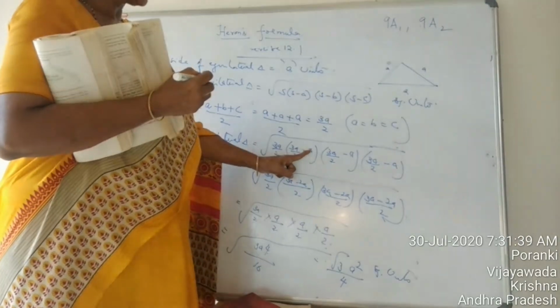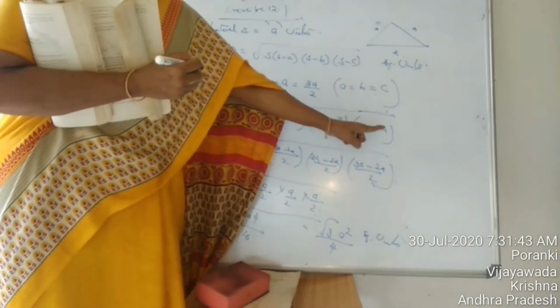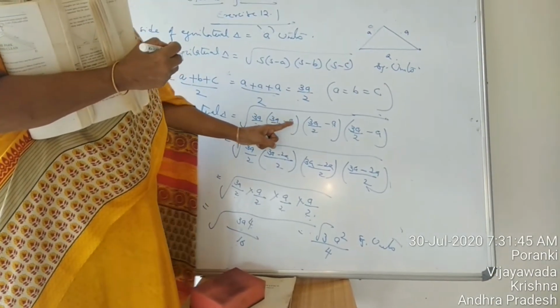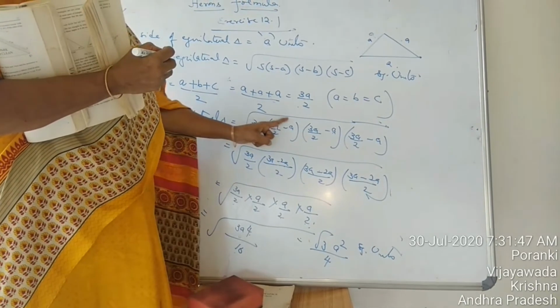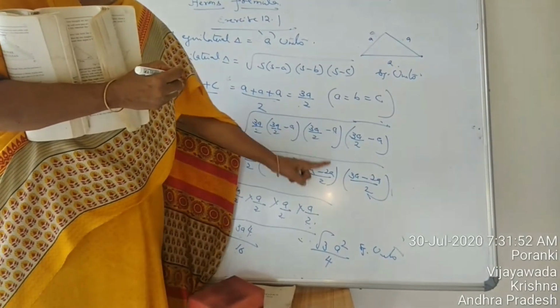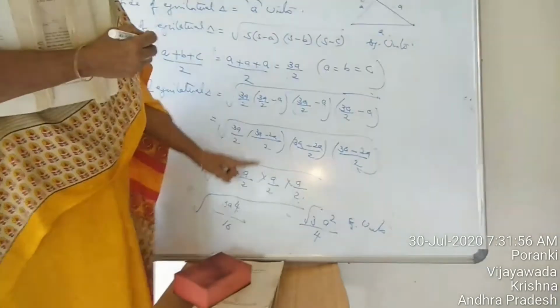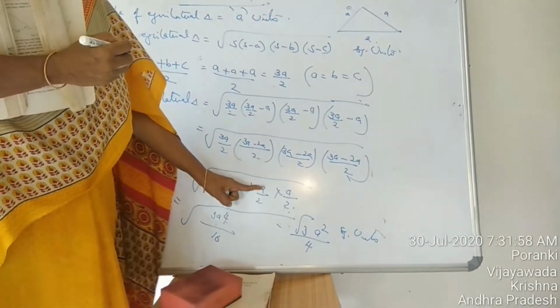Root of s into s minus a into s minus b into s minus c. Every bracket is simplified, children. 2 into a, 2a. 2 into a, 2a. 2 into a, 2a. What is 3 minus 2?